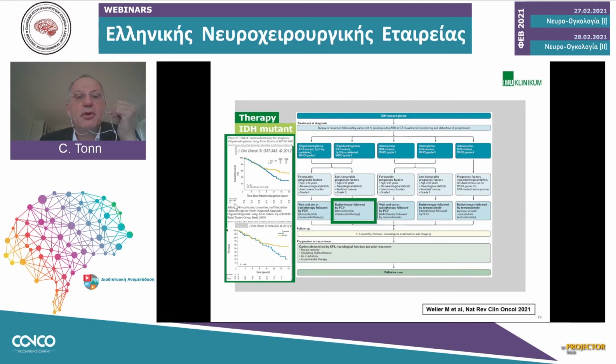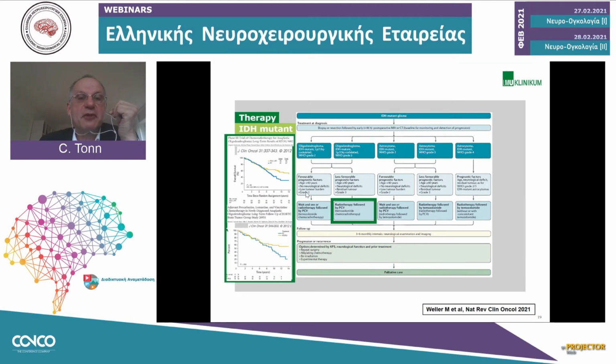The most important thing is the patient's other biometrical data. So older patients above age of 40, they have a less favorable prognosis. If they have neurological deficits, they have a less favorable prognosis. And also if they have some residual tumor, all these patients come into this category of high-risk patients, and they should get radiotherapy and then chemotherapy.